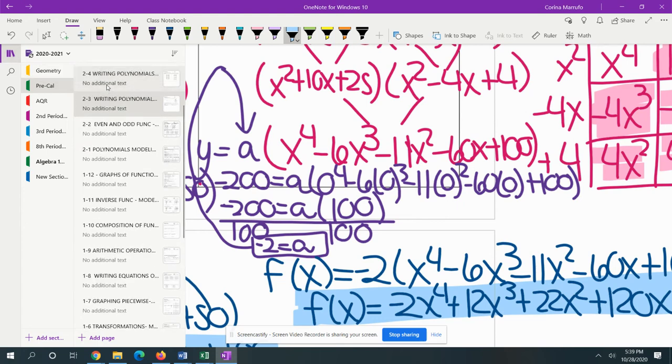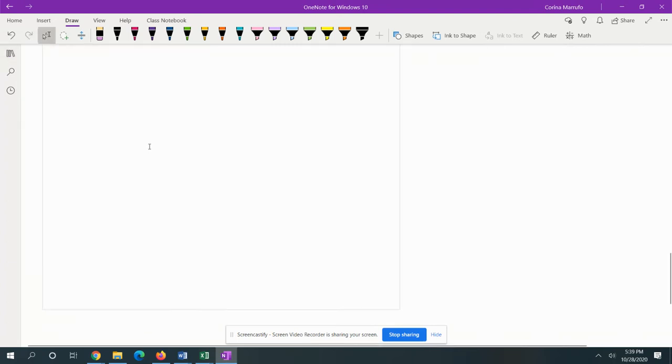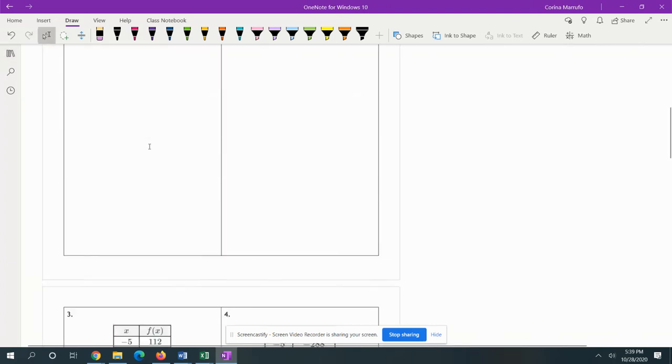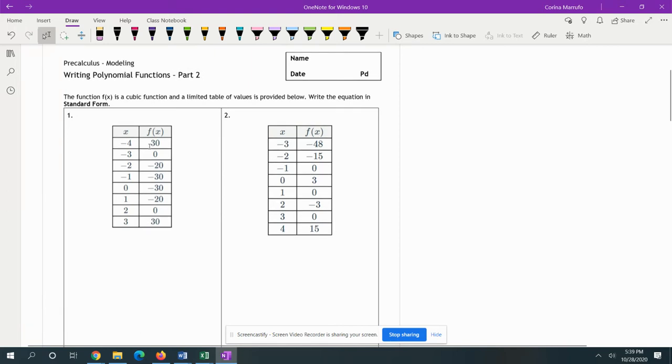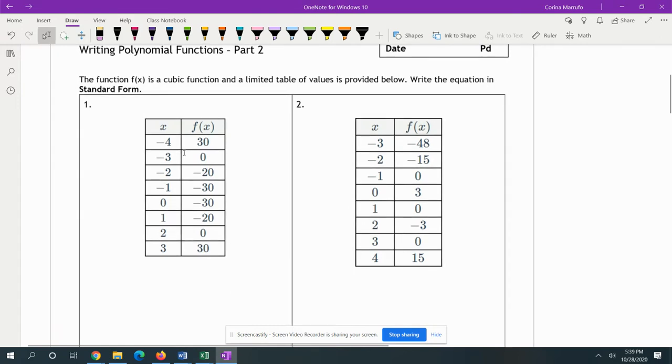All right, so we're moving on to our next writing polynomials assignment. It's still the same concept. The only thing is that we are going to be writing polynomials in standard form from this table. If I look here, there are two things we're looking for: a 0 in the y value, and then a 0 in the x value.